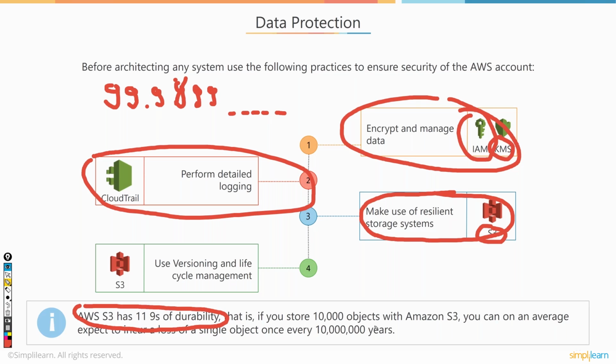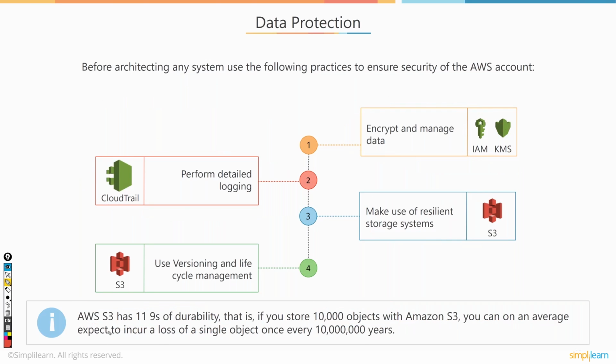What it means is if you store 10,000 objects with AWS S3, you can, on average, expect to incur a loss of a single object once every 10 million years. That's correct. If you ever upload 10,000 objects, AWS is capable of losing one file in 10 million years.